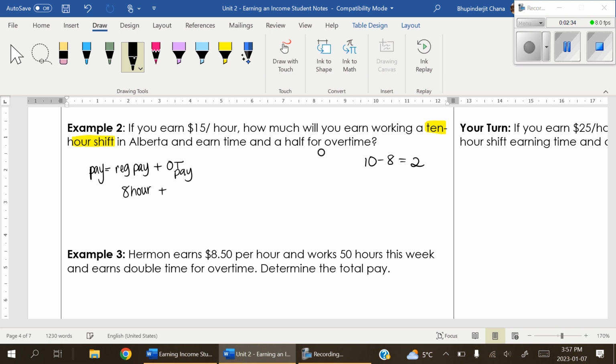So now let's calculate our regular pay first. We get paid $15 per hour. So my regular pay is going to be 15 multiplied by 8 hours.